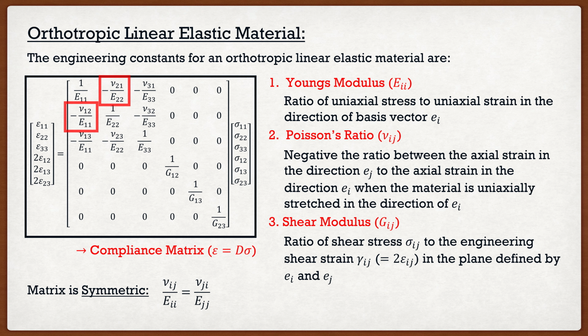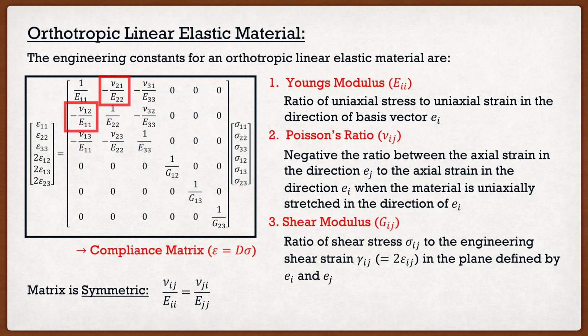For 1,2, we have the Poisson's ratio nu21 divided by the Young's modulus E22. However, for the component 2,1, we have the Poisson's ratio nu12 divided by the Young's modulus E11. So different components. However, even though they're different components, it still has to be symmetric. So nu21 divided by E22 must be the same as nu12 divided by E11.